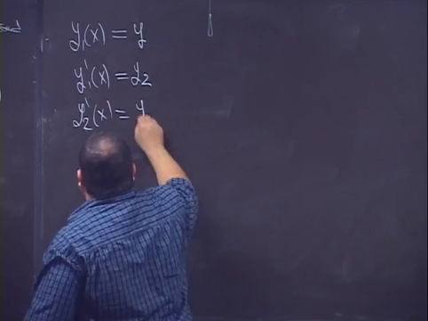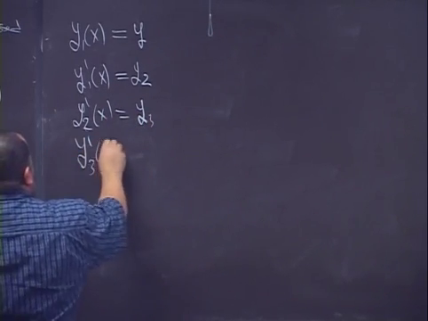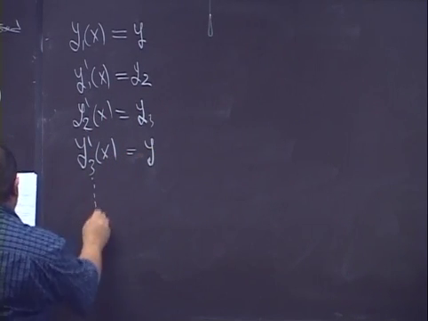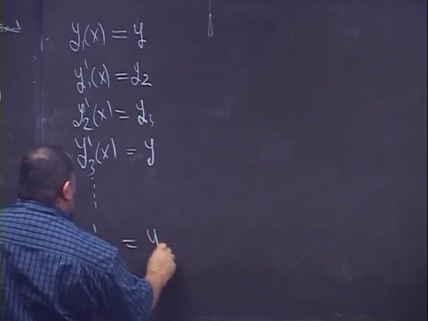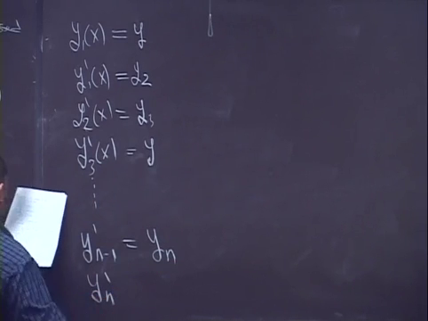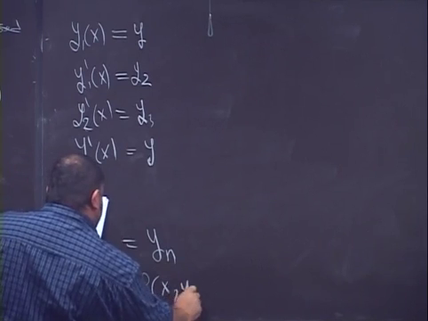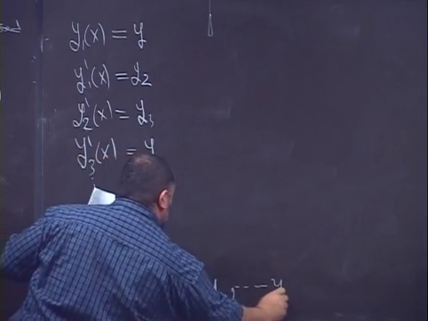Equal to y3. And what's y3 prime? y4. And you will go all the way down to y(n-1) prime, and this will give you yn. And then yn prime is equal to the function f of x, y1, y2, up to yn.